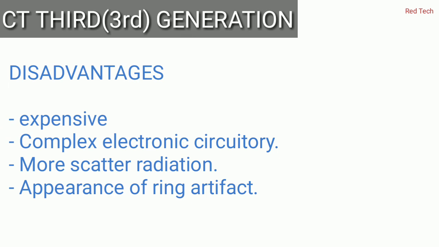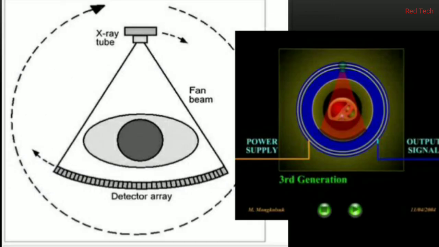Now look at the diagram of third generation CT. Here above you can see the X-ray tube, and below is the detector array. As we know that 750 detectors were used in this CT generation, above you can see only the X-ray tube, and below the detector array where 750 detectors are fixed.